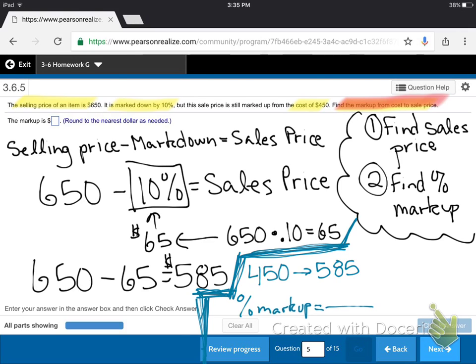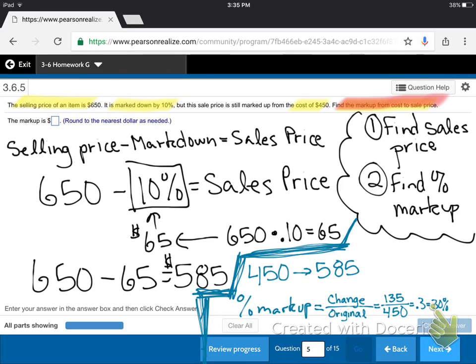How do you go from 450 to 585? That's our change, and our original is our cost. You go from 450 to 585, an increase of $135. So I changed by $135. My original, my cost, was $450. So 135 over 450 gives me 0.3, which is 30%.